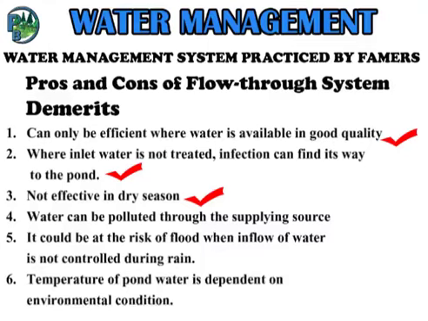Not effective in dry season. 4. Water can be polluted through supplying source. 5. It could be at the risk of flood when inflow of water is not controlled during rain. 6. Temperature of water is dependent on environmental condition.